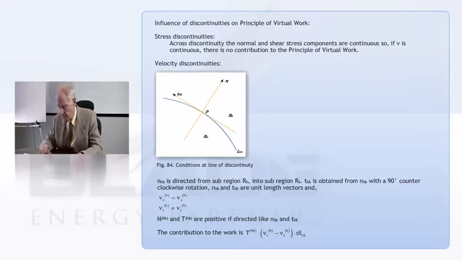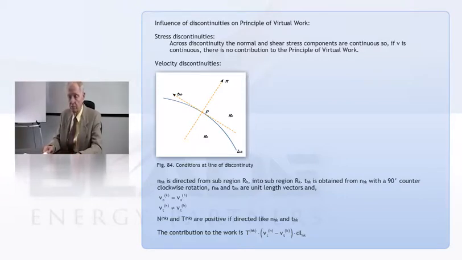So what it comes down to is that if you have a velocity discontinuity, then the shear traction across that times the velocity discontinuity times the length of the discontinuity, or the integral if the shear stress varies, has to be thrown in.